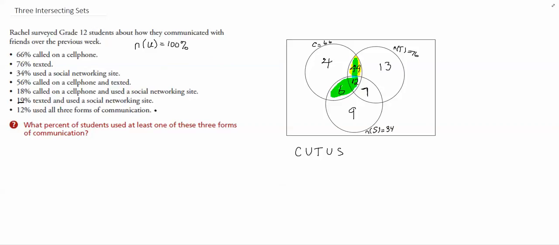We take 4 plus 44 plus 13 plus 6 plus 12 plus 7 plus 9, and that gives us 95%. So 95% of the students use at least one of these. That means that there are 5% of the students who use none of those to communicate with their friends, or have used none over the previous week.